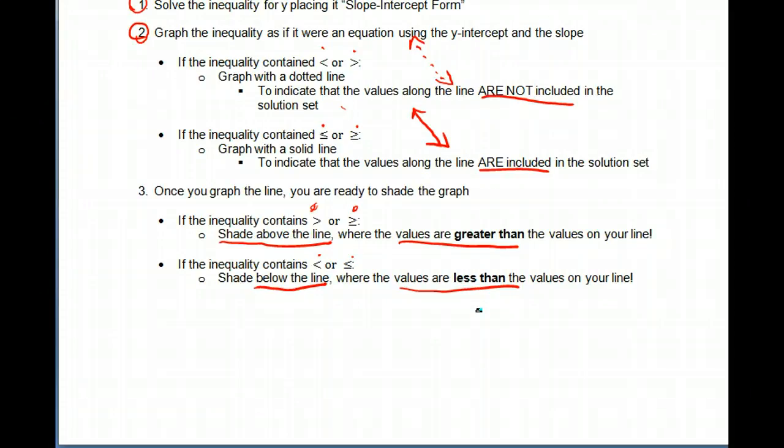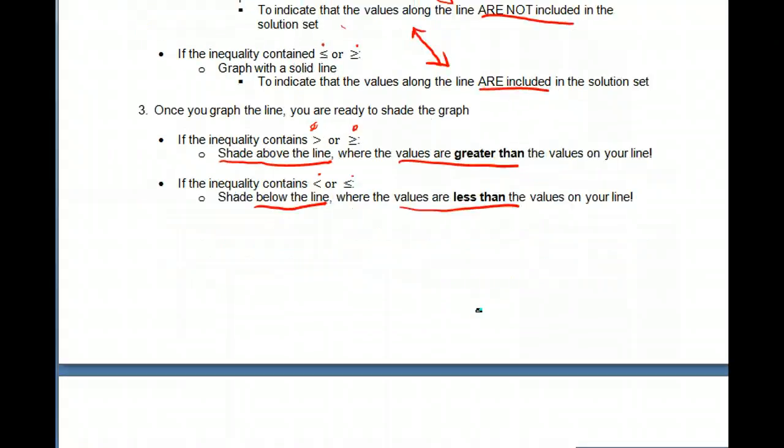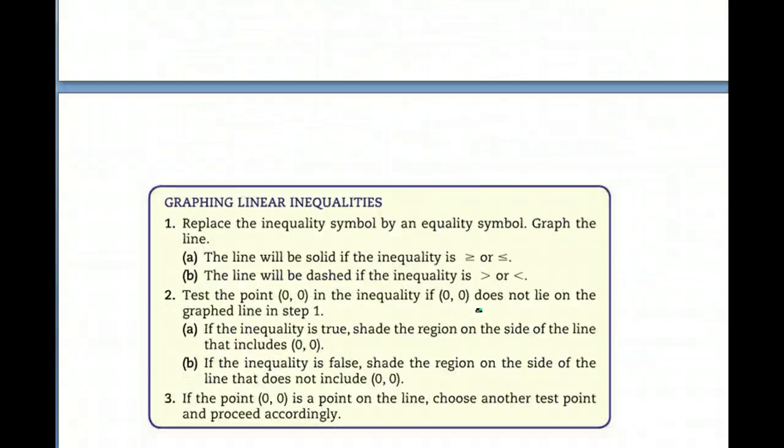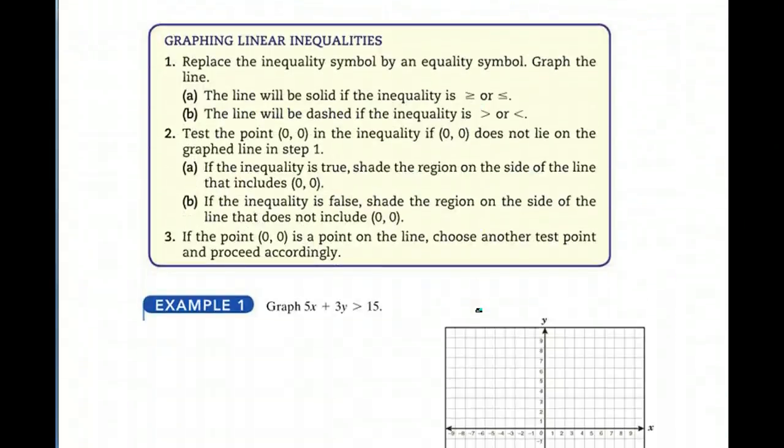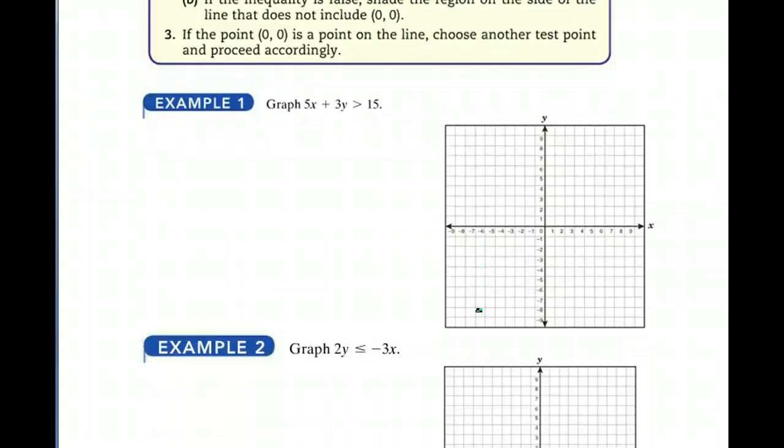Now, I went through a ton of instructions, so what we need to do now is actually look at an example of how this is going to work. If you remember, the first step was to put our inequality into slope-intercept form, so to speak. We want to pretend that we have an equation and solve it for y.